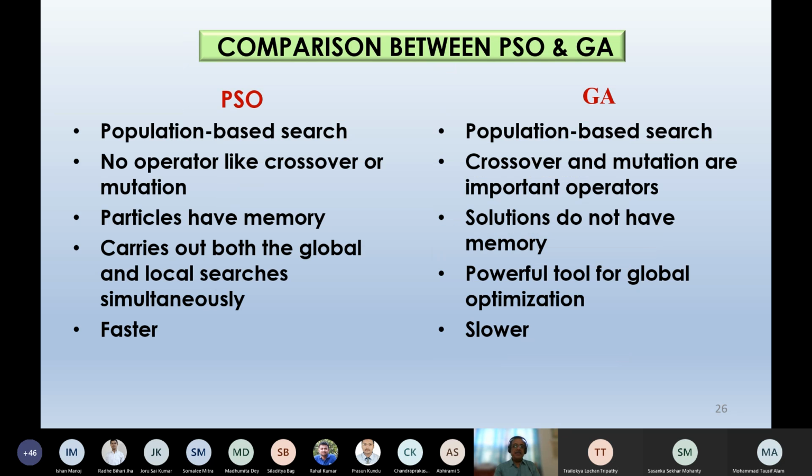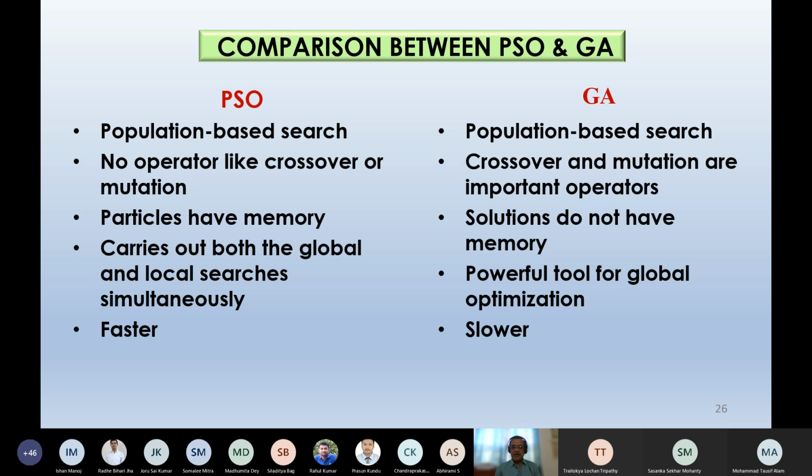Now, if I compare PSO with genetic algorithm, you'll understand the merits of this PSO compared to the genetic algorithm. PSO is a population-based search. Genetic algorithm is also a population-based search.